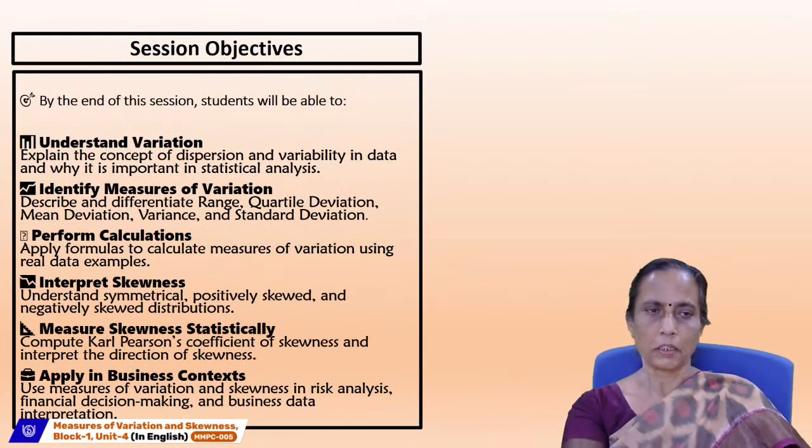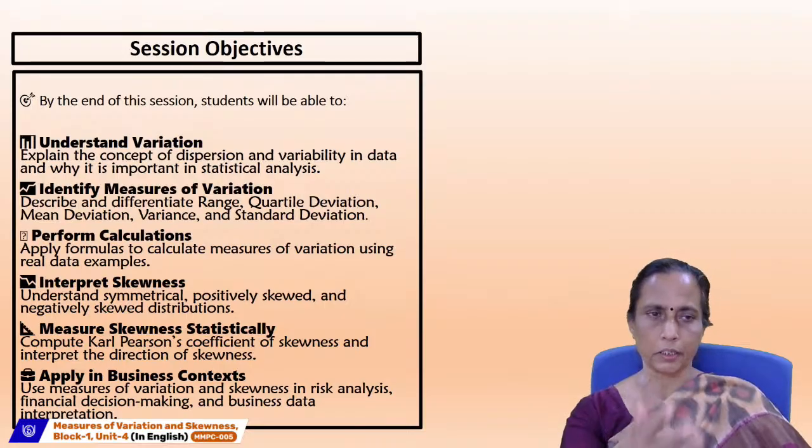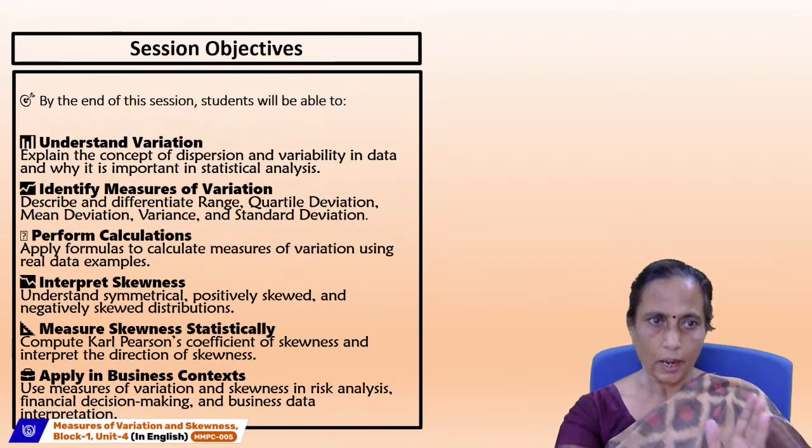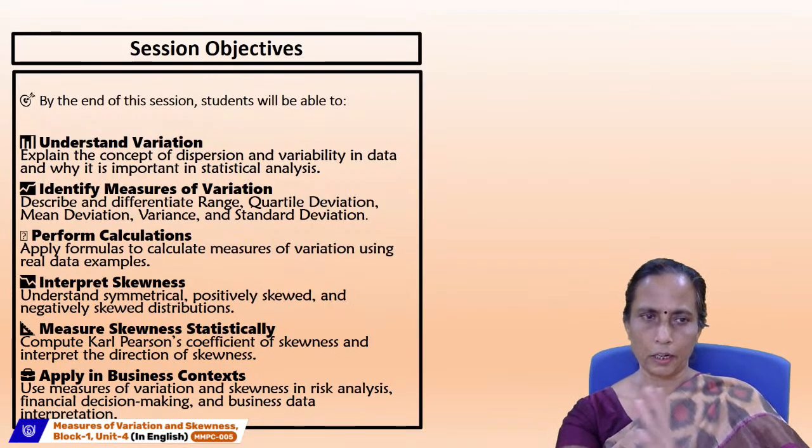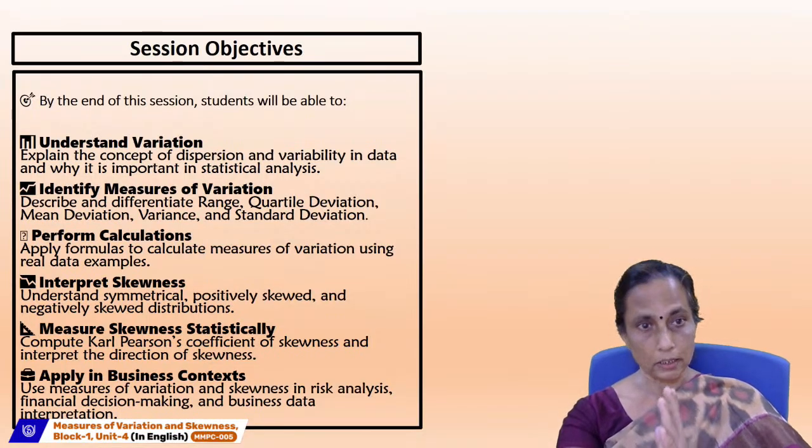The basic objective of this particular session is to explain the concept of dispersion and variability in data and why it is important in statistical analysis. We will be discussing that.